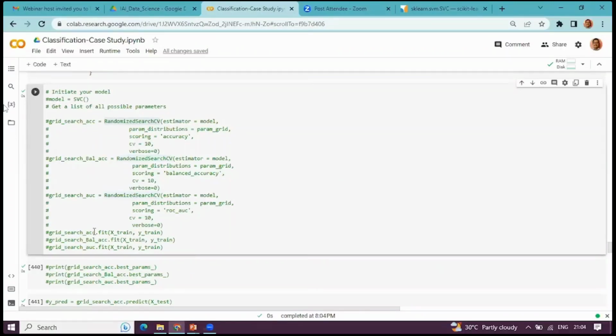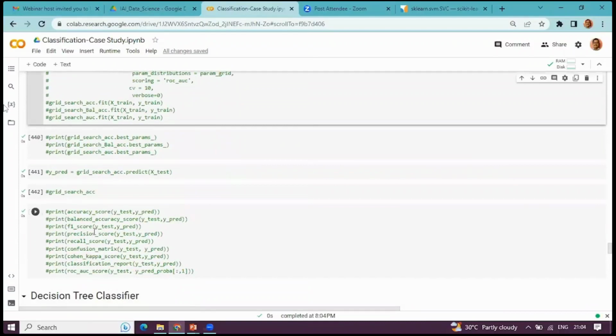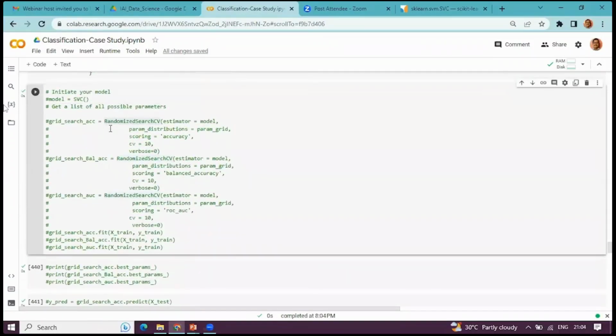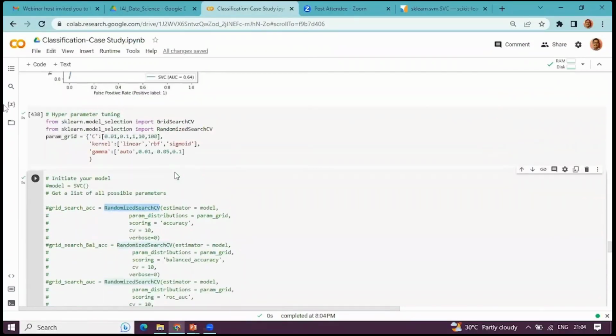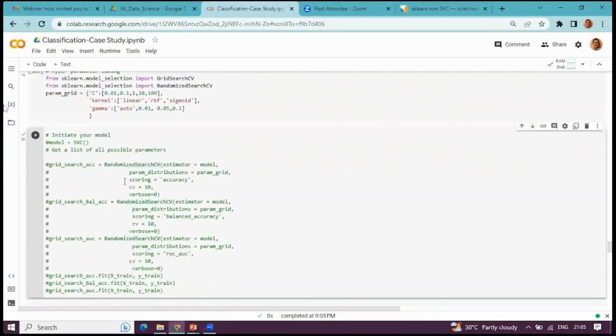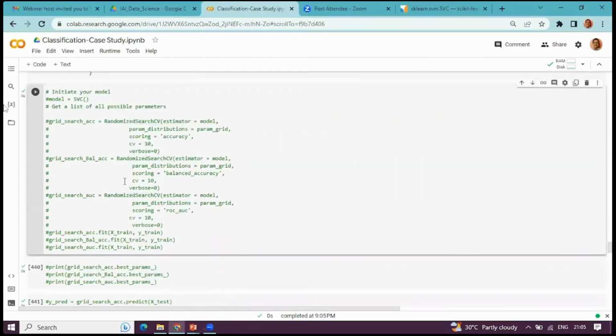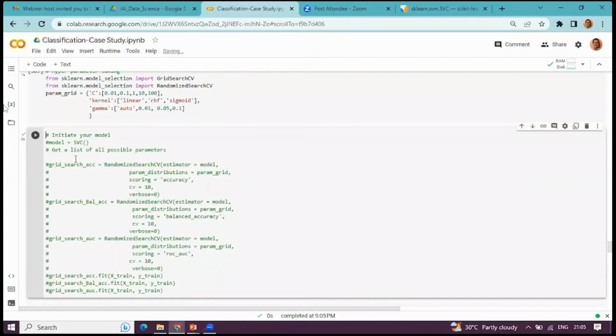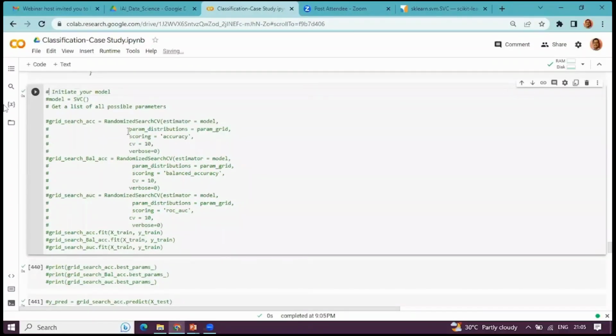So it's the same thing. Once you run your randomized search, it will not take all 60 possibilities, right? I don't think we should run it now. The randomized search will take only a subset. Generally, the default is 10. So randomized search will simply take 10 different subsets of these combinations.